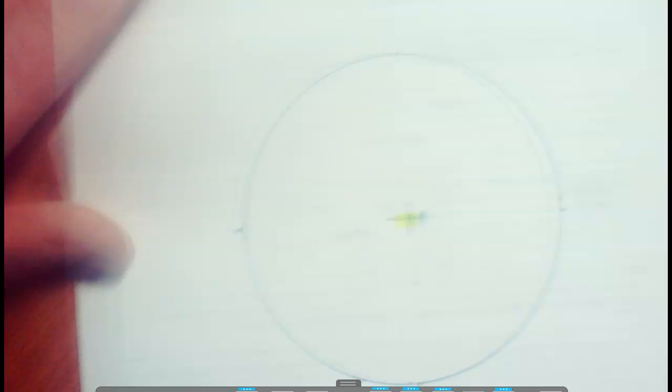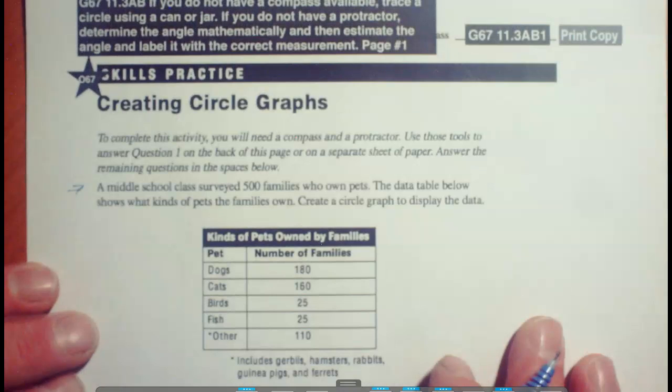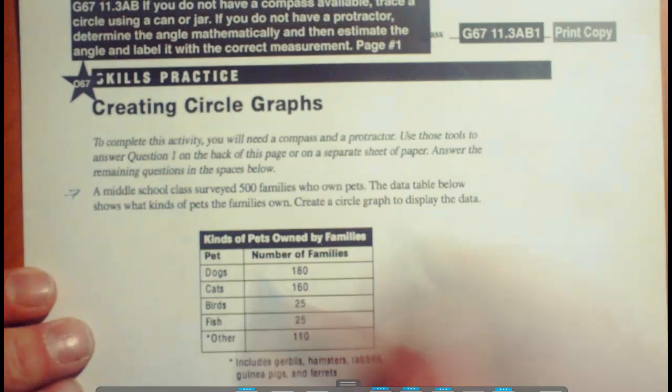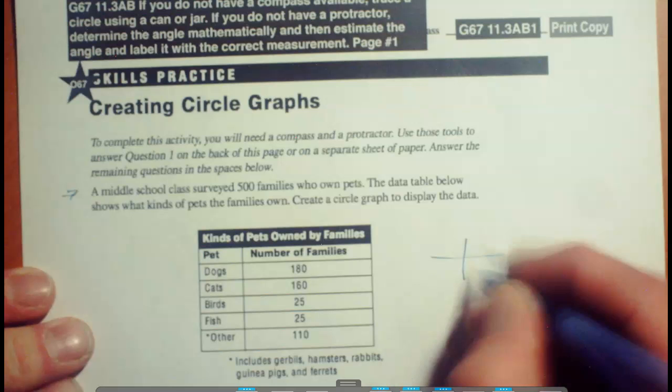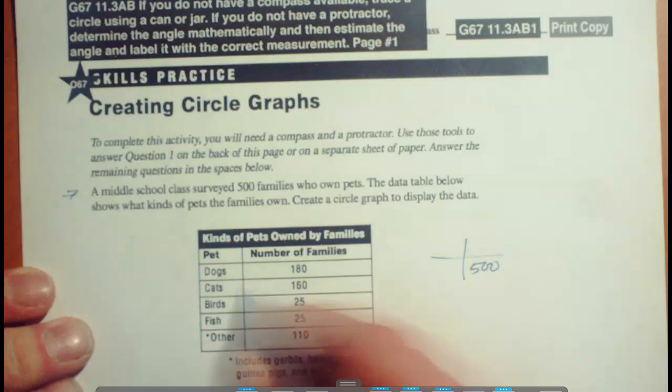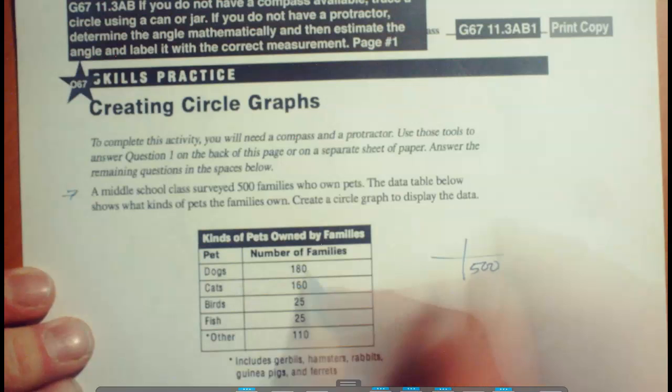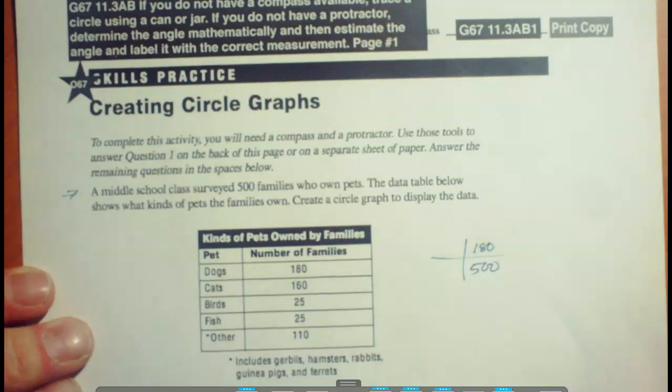Okay, next we need to figure out what we're actually graphing here. So let's take a look at this sheet, and you're going to do some boxing here to find the proportions. So there's 500 families involved here. The number of families that own dogs is 180 out of 500.